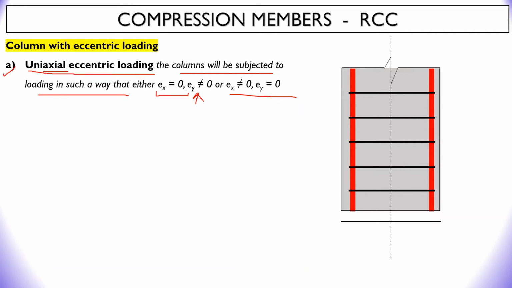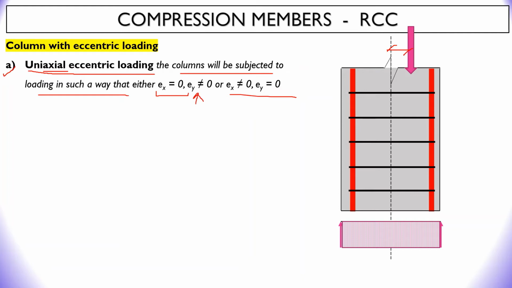Generally, this is the column which has a centroidal axis. Now, if the load is acting, you can see here, at some distance away from the centroidal axis, what will be the effect of this type of loading? If it was not having any eccentricity, then your loading diagram, as we have discussed in the previous case, would be just a uniform type of pressure, uniform stresses.